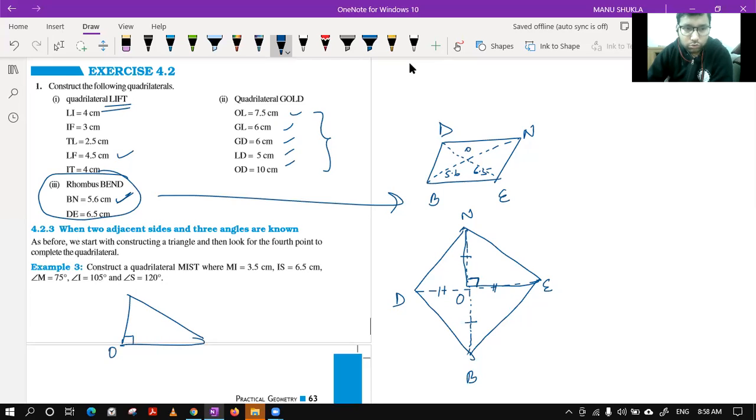So we have O, we have N, and we have E. So it is half of that, that is 5.6 upon 2 or 2.8. Similarly, if complete DE is 6.5, how much will be OE? Please tell. That is also half of it, 3.45.